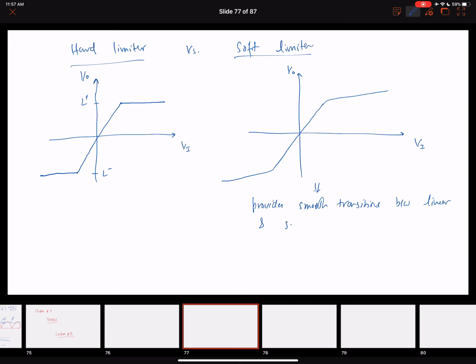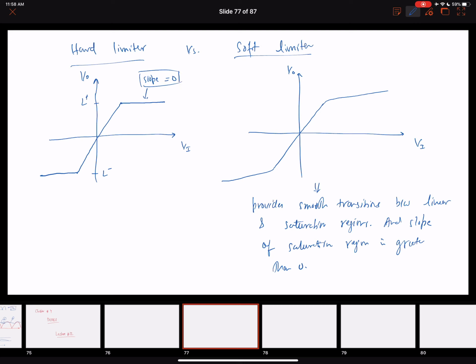between the linear and saturation regions, and the slope of the saturation region is greater than 0. Over here the slope is 0 and it is saturated exactly at the L positive value.